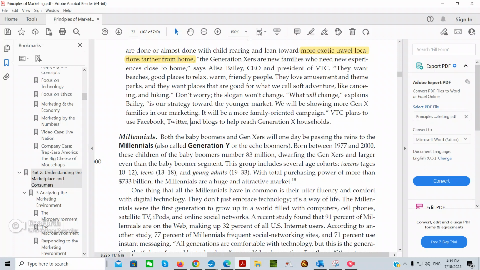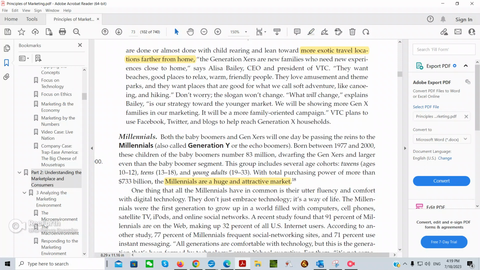This group includes several age cohorts: tweens, ages 10 to 12, teens, ages 13 to 18, and young adults, 19 to 33. With total purchasing power of more than $733 billion, millennials are a huge and attractive market. Now, the important thing is which one does most of the spending.